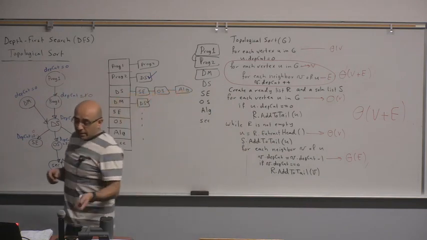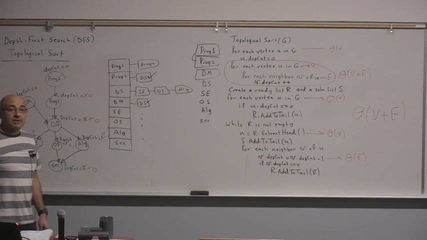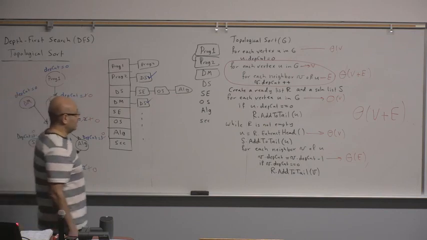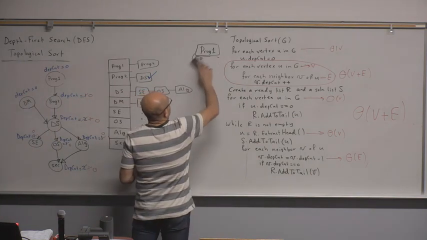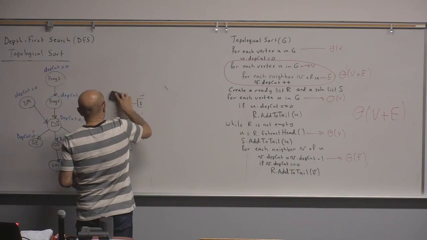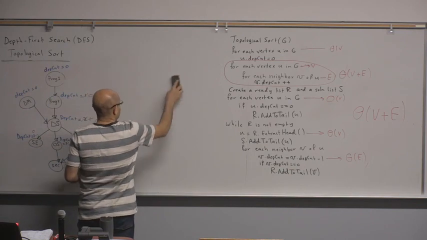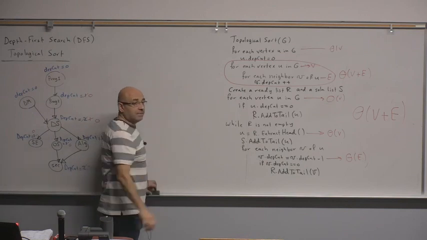Okay, so this is an algorithm that does topological sort, but in fact we can use DFS to calculate this much more quickly, although it will not be asymptotically quicker. It will be easier if we just use DFS.